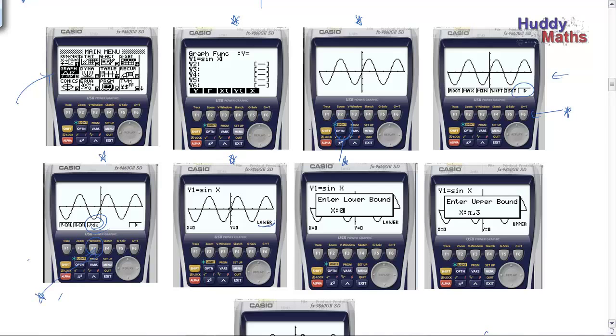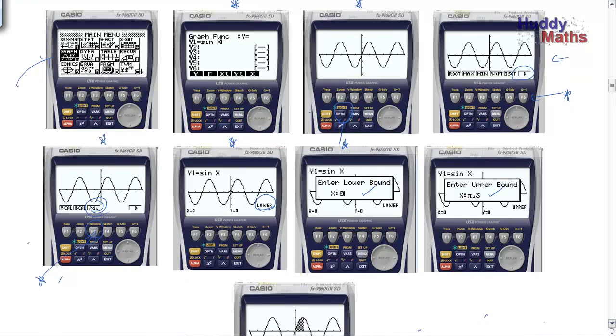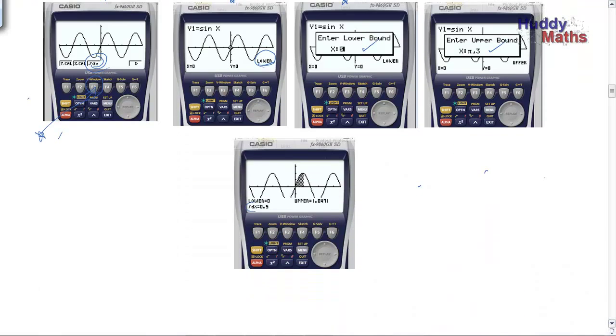It's asking us for the lower limit, so we'll enter naught, hit execute, it asks for the upper, we'll hit pi on 3, and then it does give us the answer. But hey, where is it? It's over here. There's a half, but what do you reckon might be the advantage of graph mode? Can you see it? It's actually shaded the area which that definite integral represents.